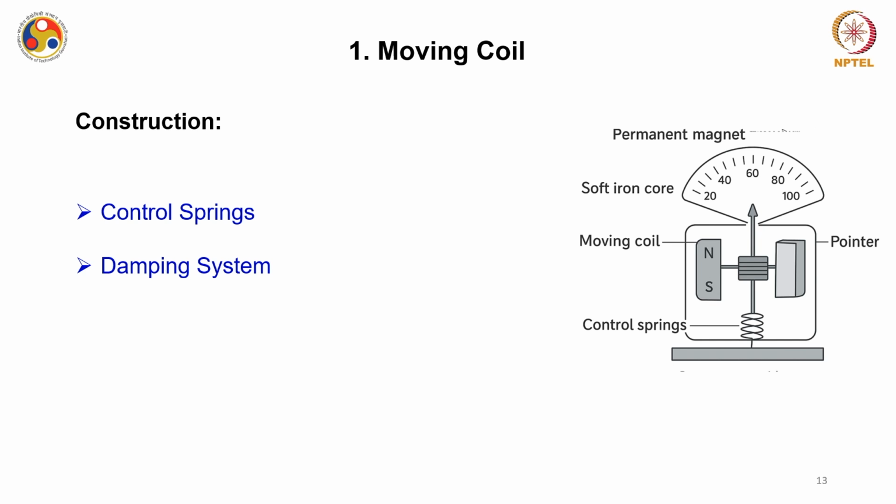It can also oscillate if you do not have a damping mechanism. So all the tools that we are going to see will have controlling springs and different damping systems. We will discuss the specific damping system for that particular analog tool when we talk about those instruments in more detail. But this is how the construction of a moving coil system looks like.